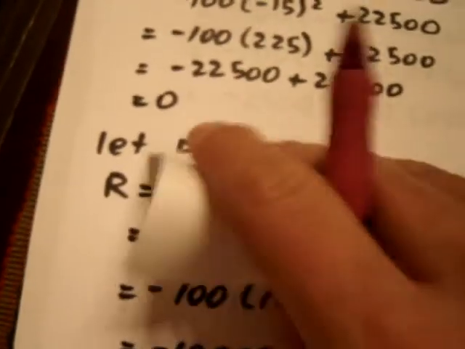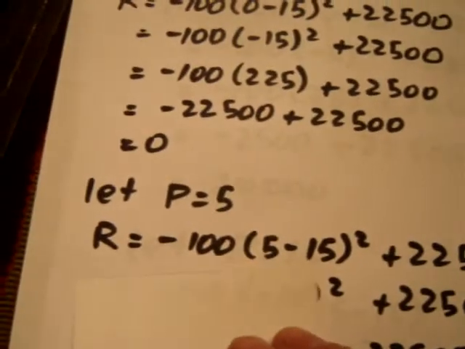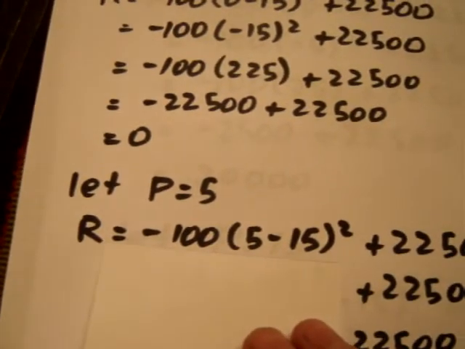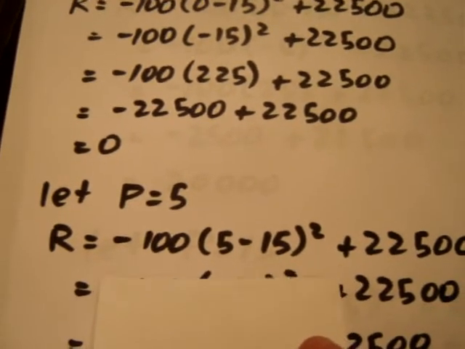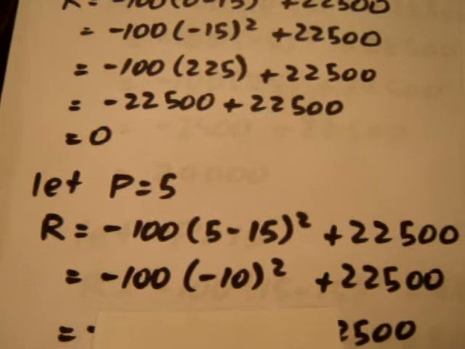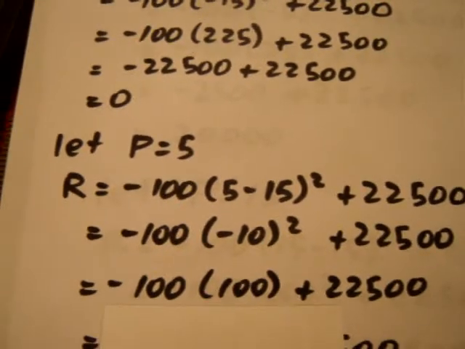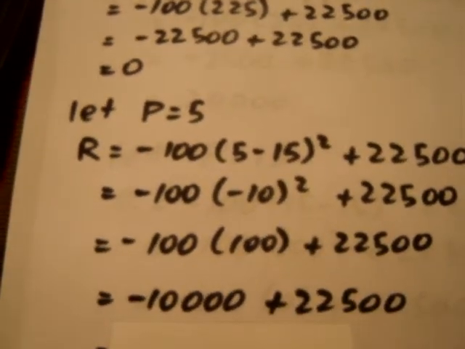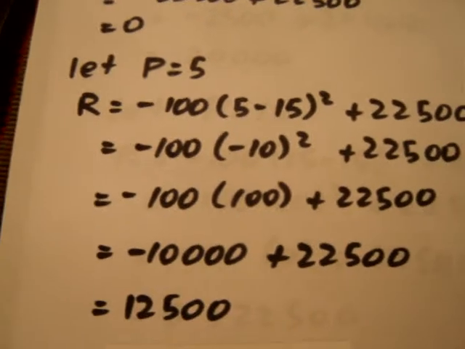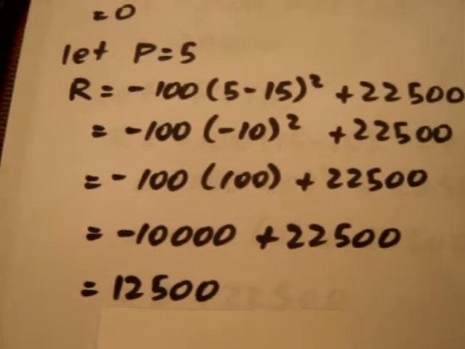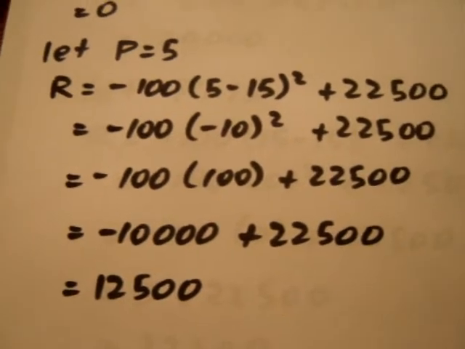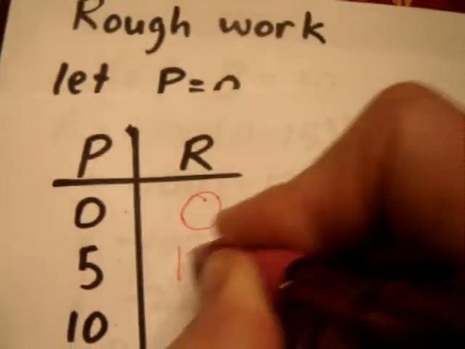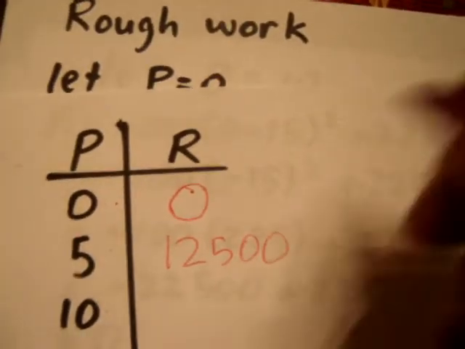Then, of course, we let P equal 5, which is the next number in our table of values. Well, we sub in 5 for P, and we evaluate our bracket, and then we square that number, and we multiply, and then we add, and we see that if we let P be 5, in other words, the price of a ticket be $5, we'll make more money. We'll make $12,500. We put that into our table of values.